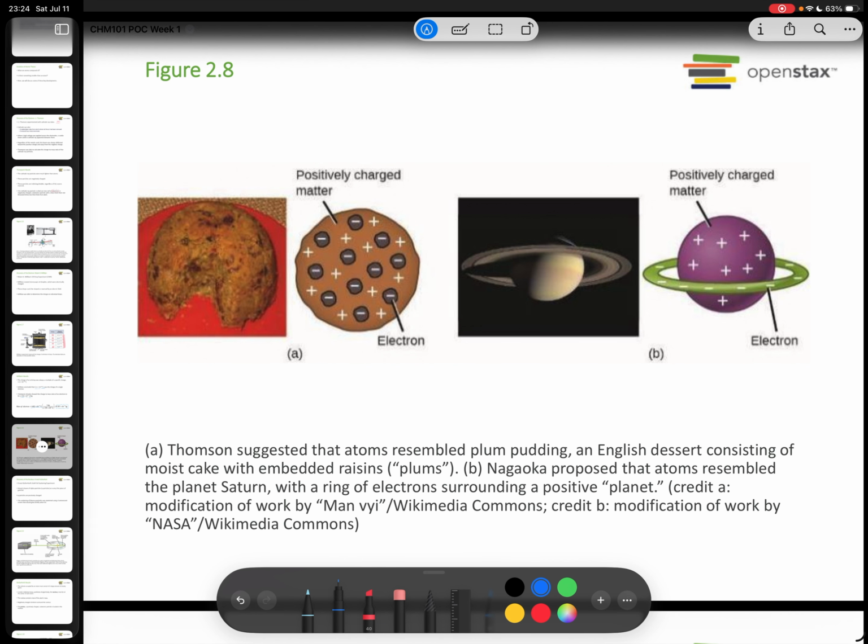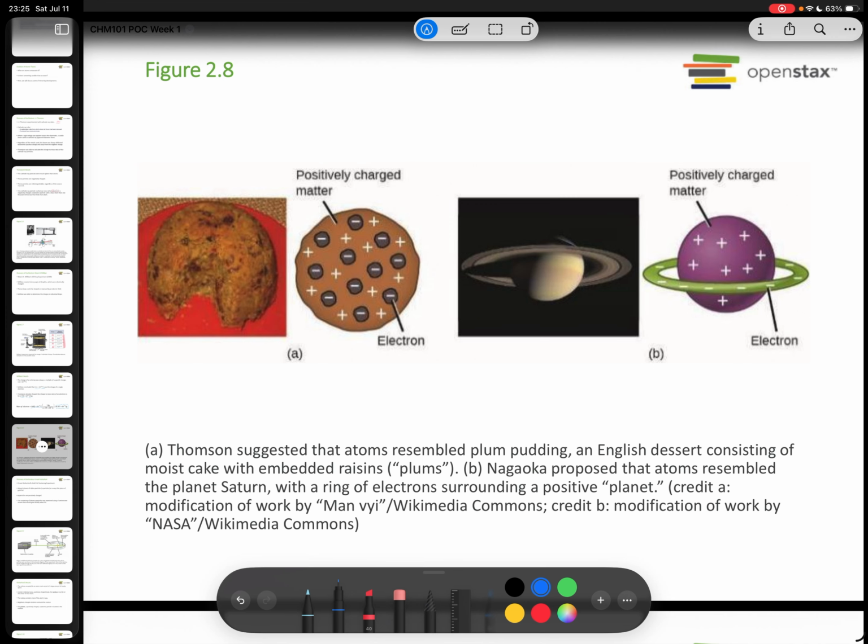After na-discover yung electron, so scientists needed a model for where the electrons were located, no, inside the atom. So Thomson proposed a plum pudding model sa letter A. And dito daw, yung electrons are embedded in a diffuse positive material.